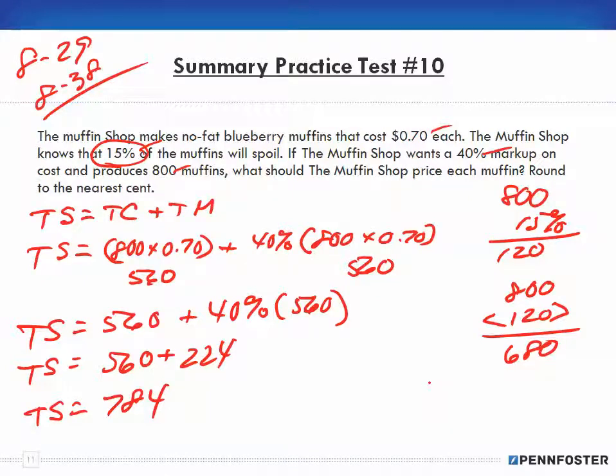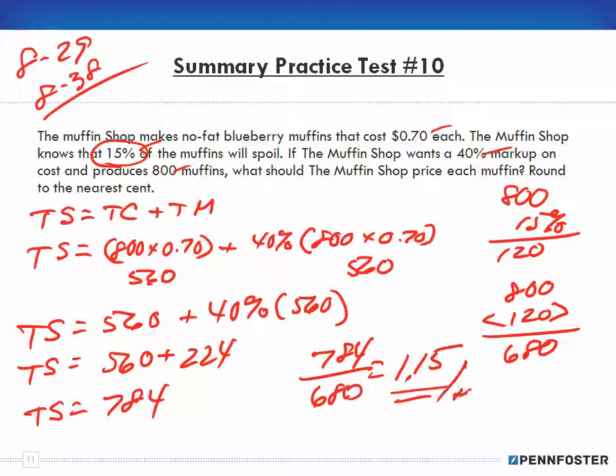Right? So now, if our total sales is going to be 784, and we divide that by our 680 muffins, 784 divided by 680 ends up being $1.15 per muffin.